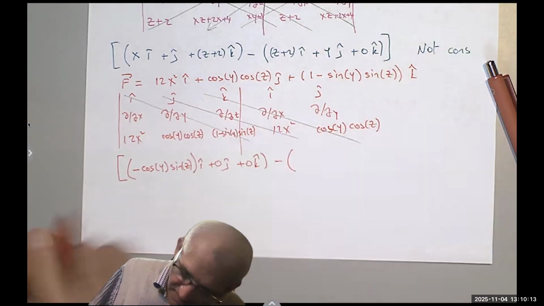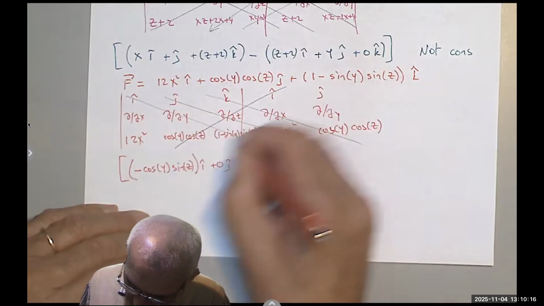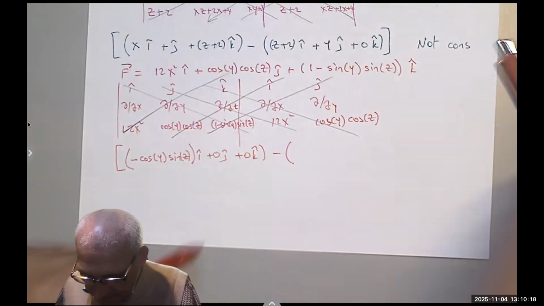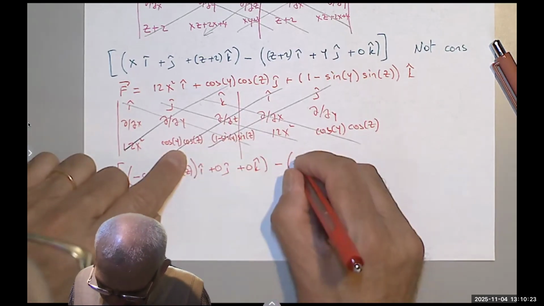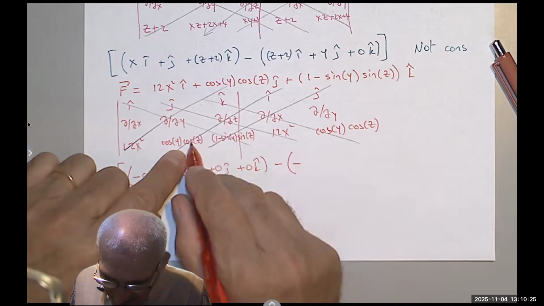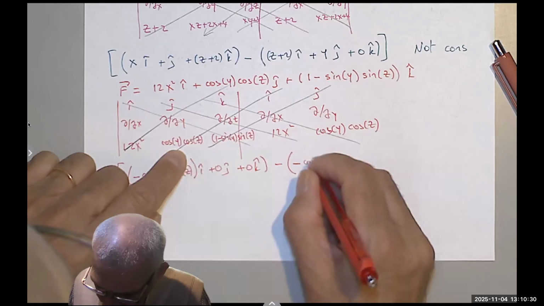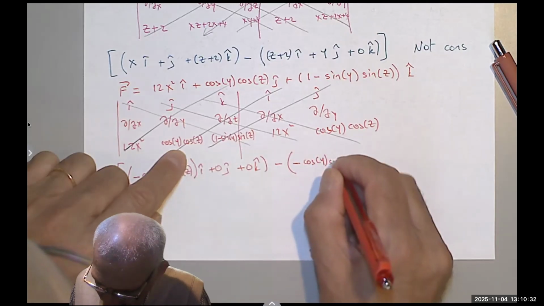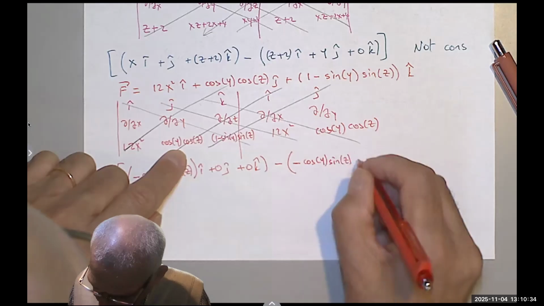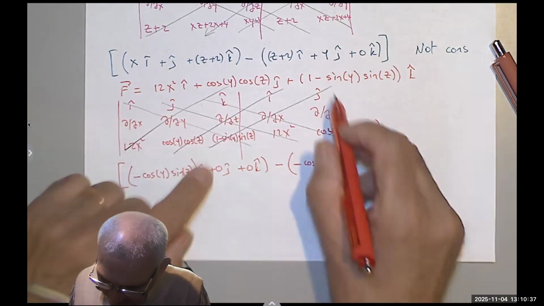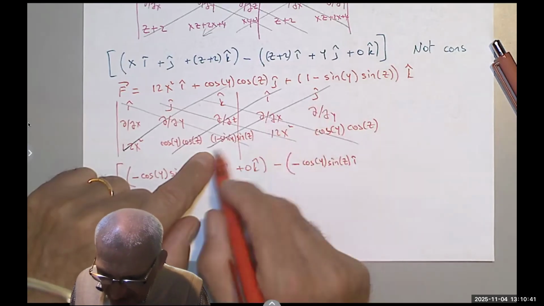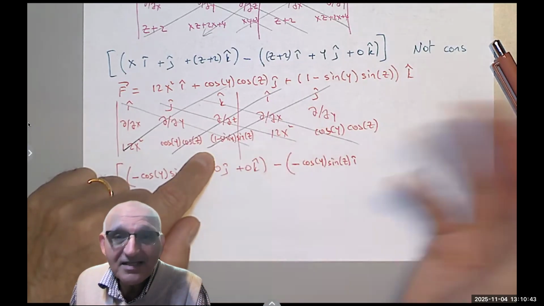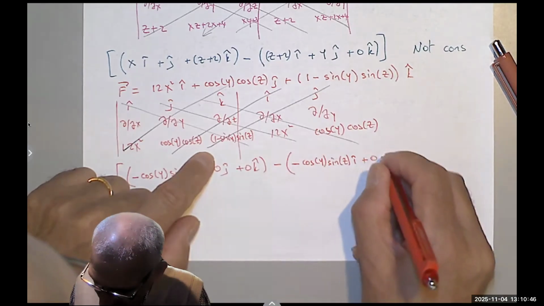Minus. Then I go in the opposite direction. The derivative with respect to z, cosine derivative of z is negative sine. So you get negative cos y sine z in the i direction. Then for the j, it's a partial x of a function of y and z, so that's plus 0j.